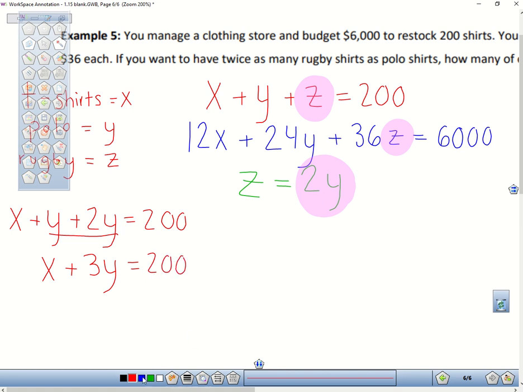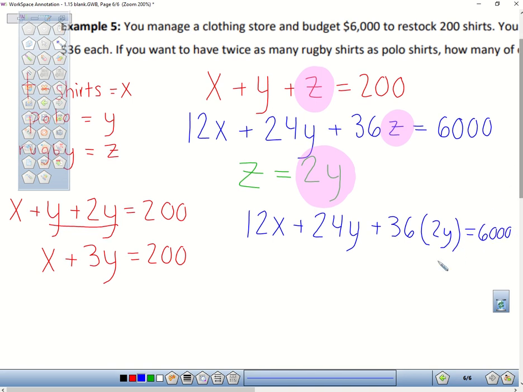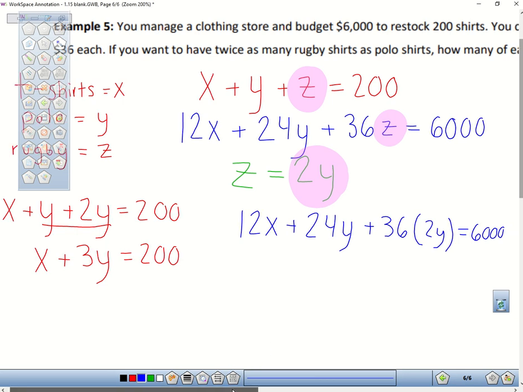Now for the other equation in blue, I'm also going to replace z with 2y. That's going to give me 12x plus 24y plus 36 times 2y is equal to 6,000. And once again, I'm just going to simplify and combine like terms here.